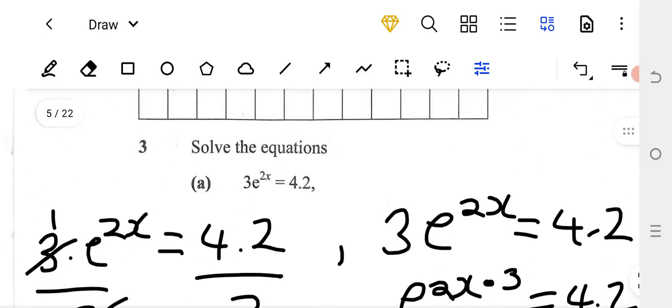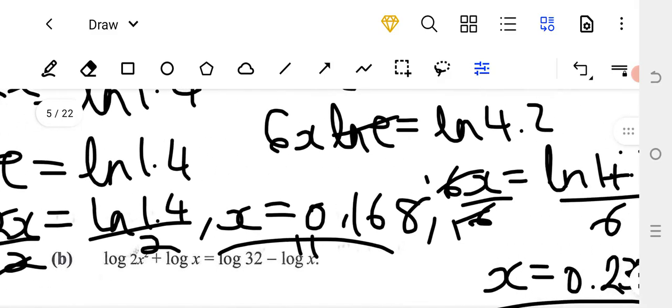If you type that into your calculator, 3, then you click alpha e to the power 2 times x to 0.168, that is corrected to 3 significant figures, is going to give you 4.198. And if you round that off, it's going to give you 4.2. So this satisfies what we found.